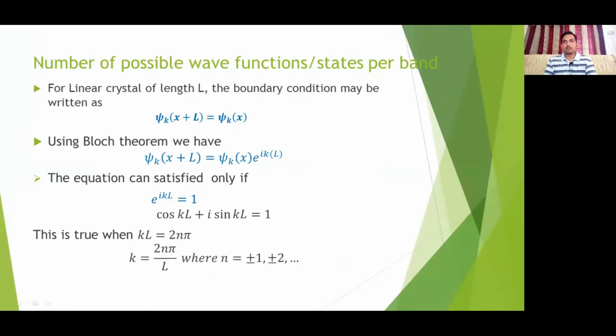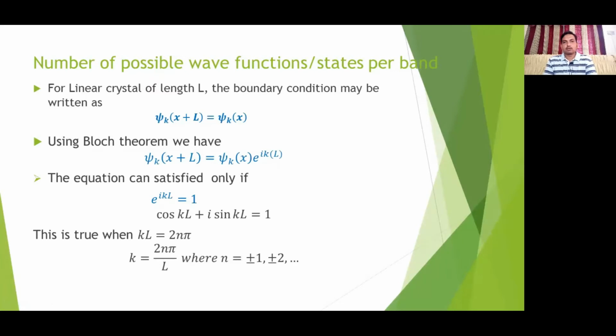So first of all, we look at the first part of our discussion: how many states, wave functions or electrons are present in a band. Its derivation is very simple. If you have a linear crystal of length L, the boundary condition may be written as psi of x plus L is equal to psi of x.